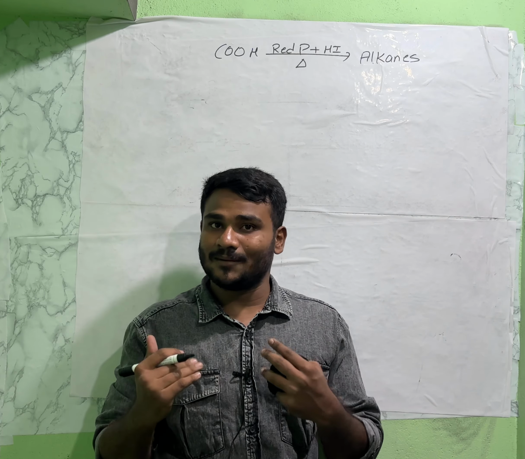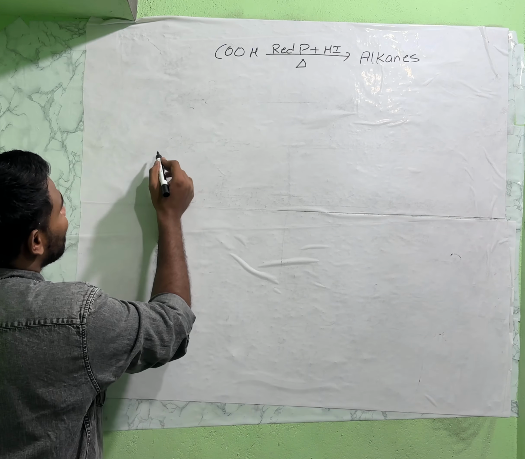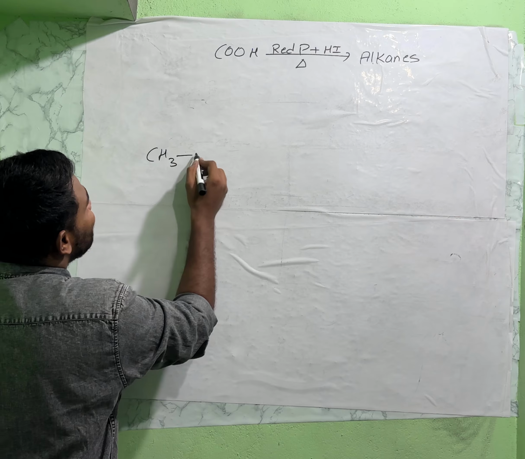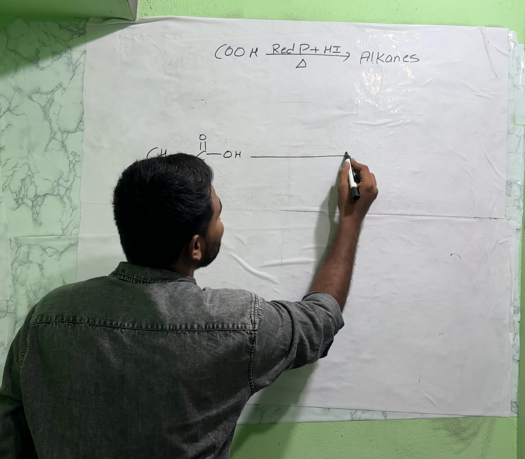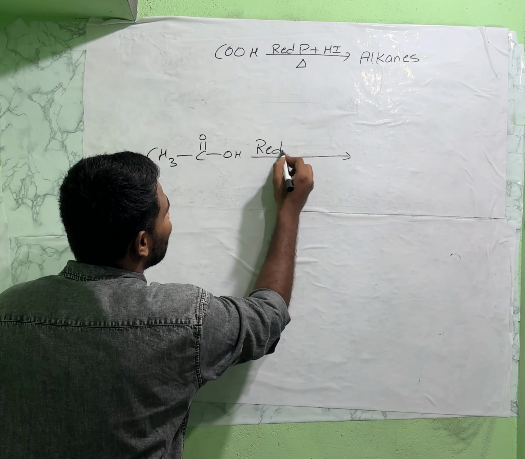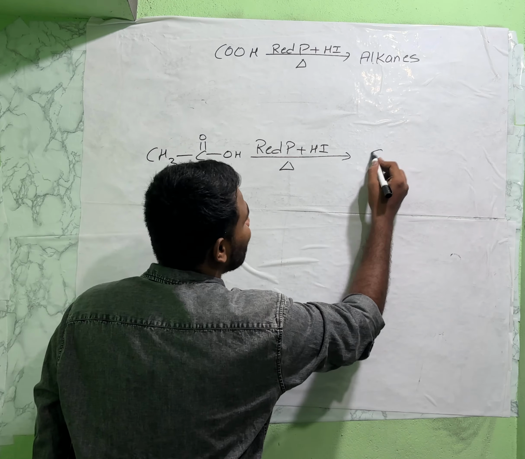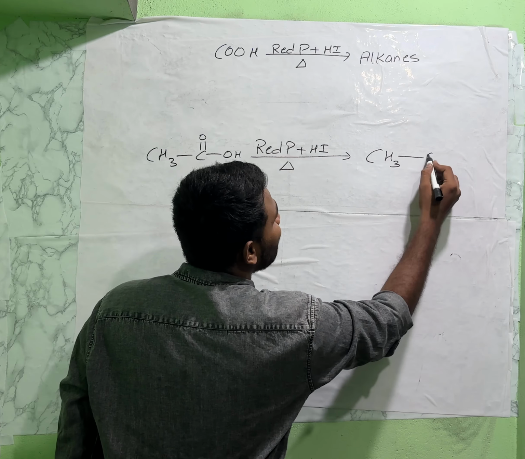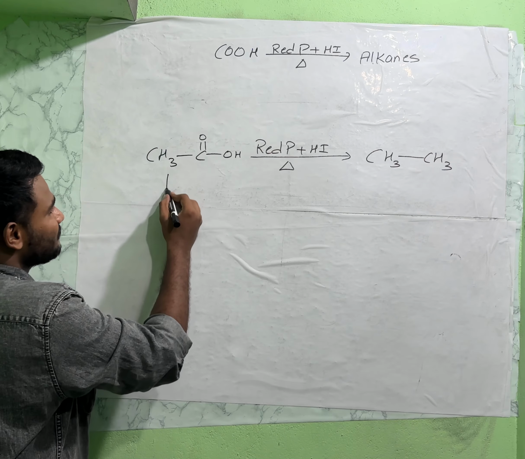The product is an alkane, but the number of carbons in the chain is different. Let us see the mechanism in red phosphorus plus HI. CH3COOH with red phosphorus plus HI and heat gives CH3CH3, the alkane.